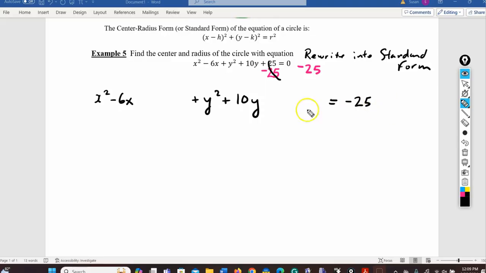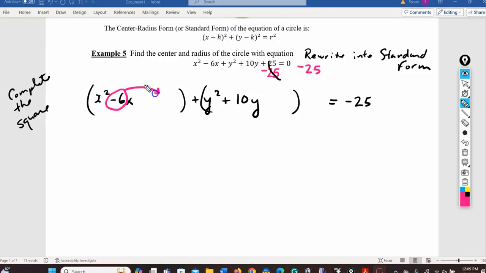Now, what I'm going to do next is called completing the square. The way you complete the square is you look at the coefficient of the x term, you divide it by 2, and then you square it.